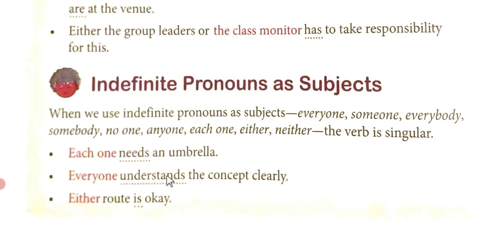Everyone, indefinite pronoun as a subject. So we will use here the singular verb understands. Either route is okay. Either, singular indefinite pronoun as subject. So either route is okay. We will use is. The verb is singular. Is.